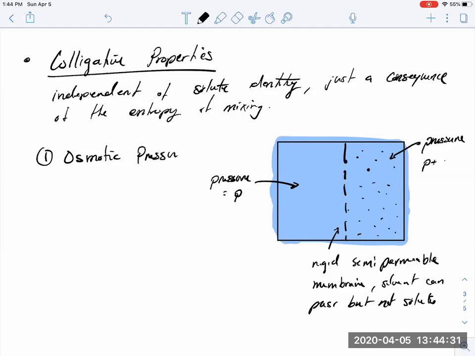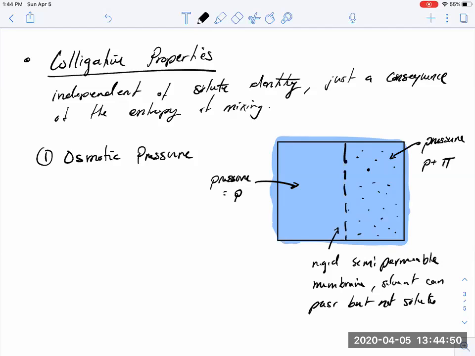But we would notice that there's a pressure on that semi-permeable membrane that is exerted by the solute. The fact that the solute is compressed to one side of this box due to this membrane.